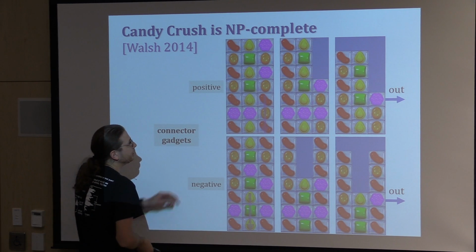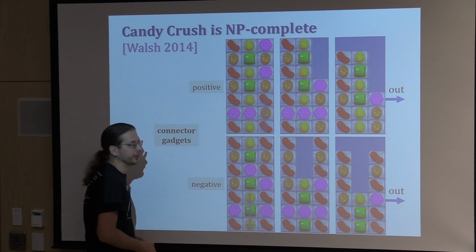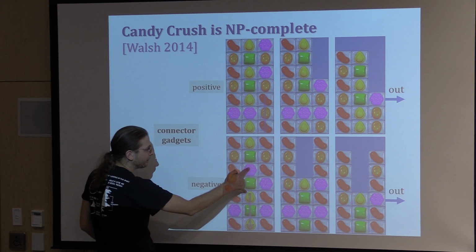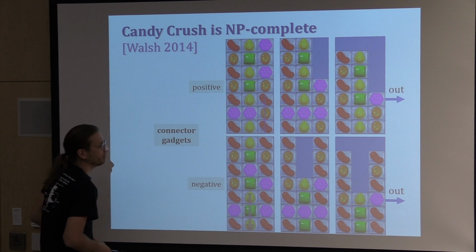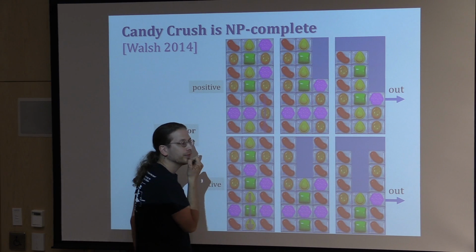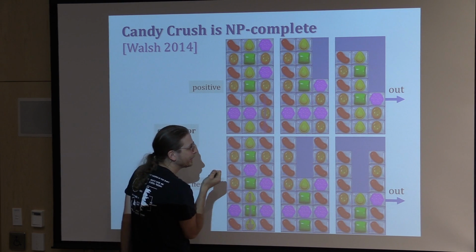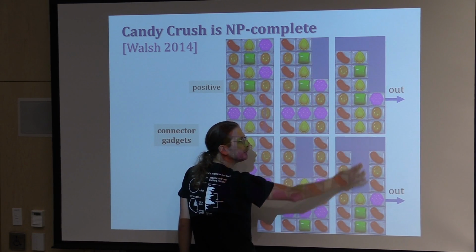So if these fall by 3, the purples don't align, so nothing happens. In this case, if the center one falls by 3, we get alignment, and that falls by 1. So, great. Also note, these gadgets stack somewhat nicely in that other than this 3 gap, in reality, more candies will fill in here.